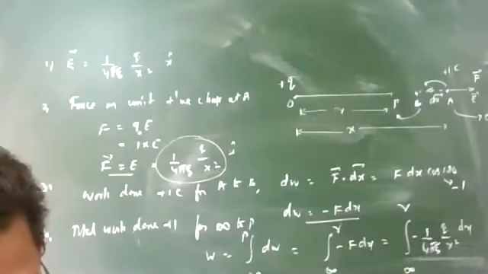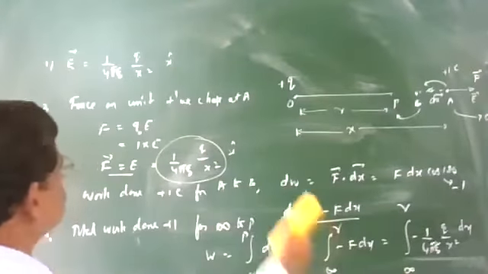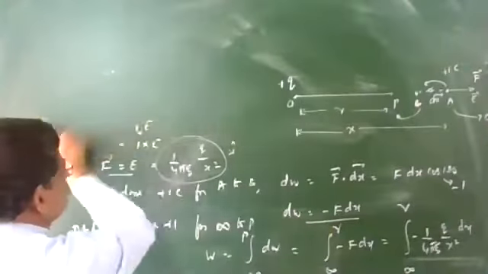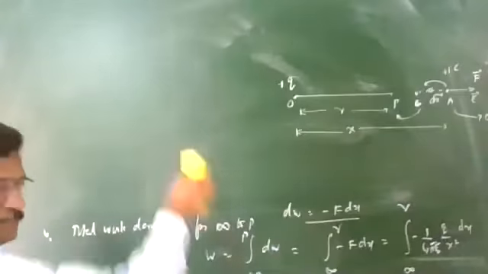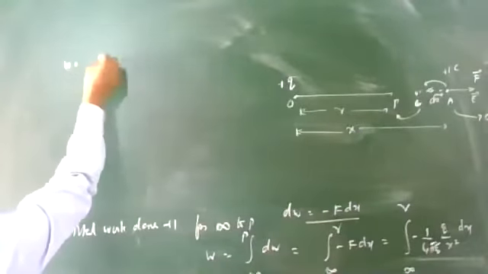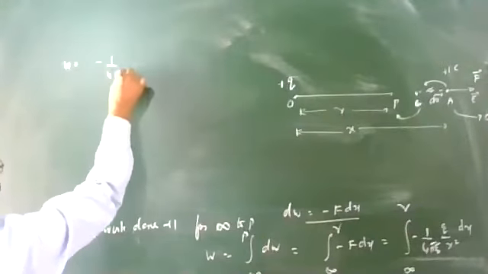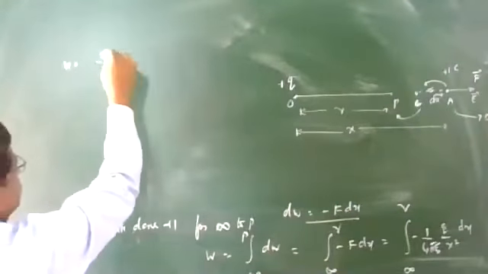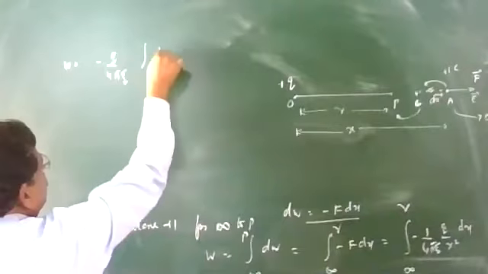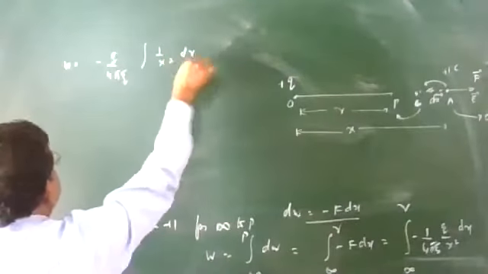So integrating the remaining part, the constants can be taken outside. So the total work done is equal to minus Q by 4 pi epsilon 0 times the integral of 1 by x square dx.